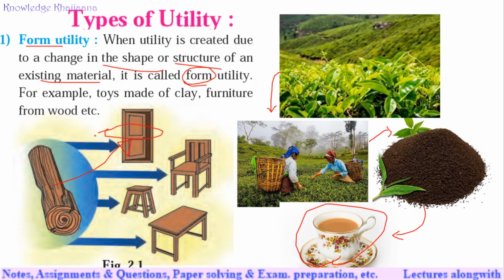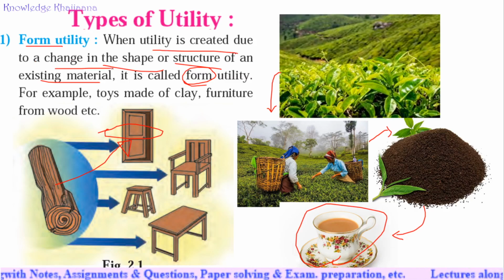But when a door is made out of its planks and proper hinges, locks, bolt, etc. are fitted into it, and it is placed in the place of the door opening, then only it will give the utility. So what is the important thing? The utility is created due to change in the shape or structure of an existing material. It is called form utility due to the change in the form.